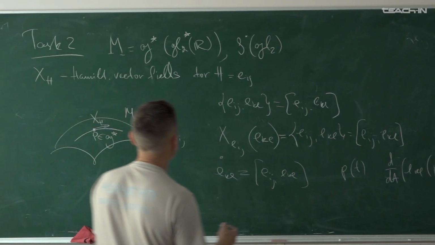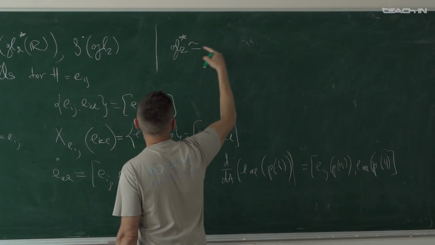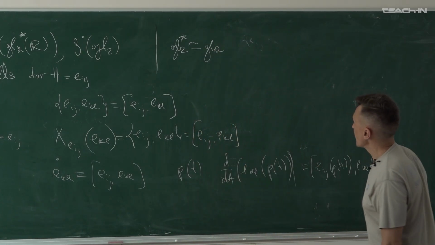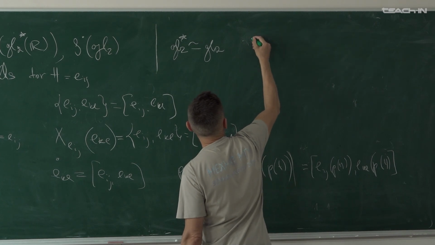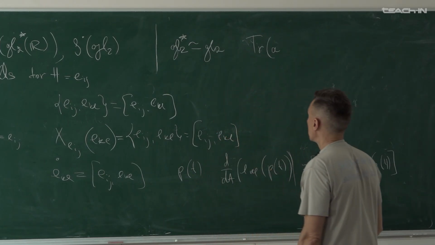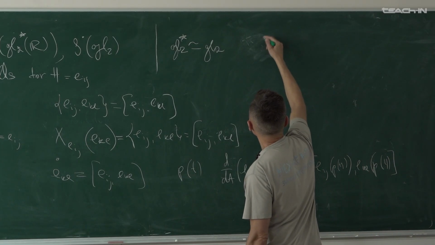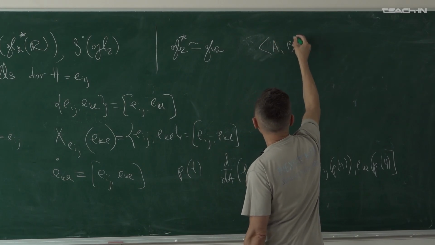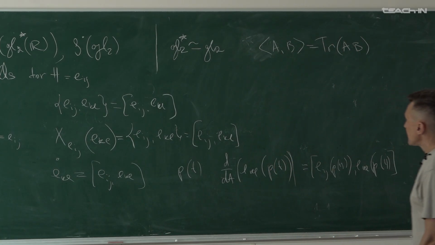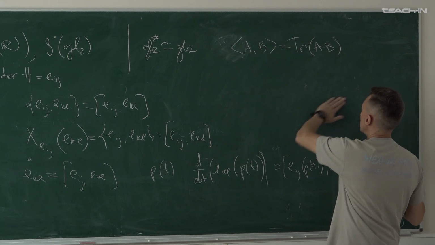So in our case, we can identify gl_2 square, the dual space can be identified with gl_2 with the help of the form trace of A. So you see on the space of matrices there is such a bilinear form.